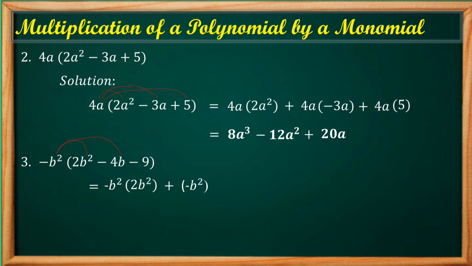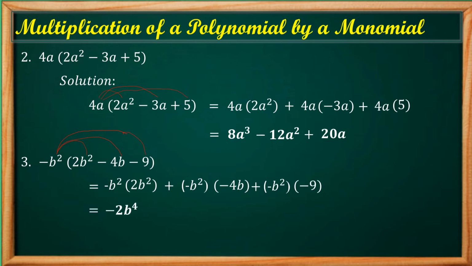Then you will have negative b squared times negative 4b. Then the same, negative b squared times negative 9.